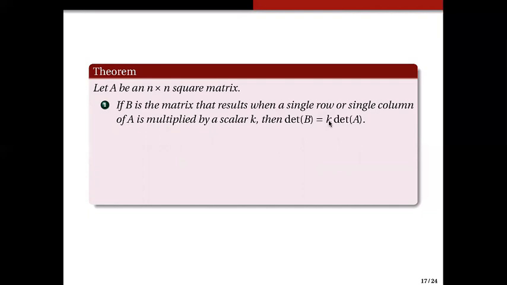So what do we do here? We can just factor out that k, and the determinant of A multiplied by that factor k will be the determinant of B.